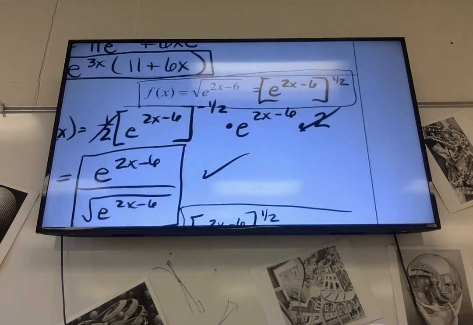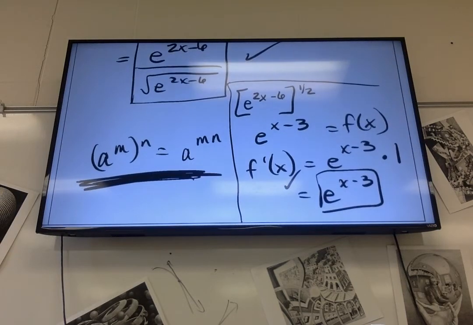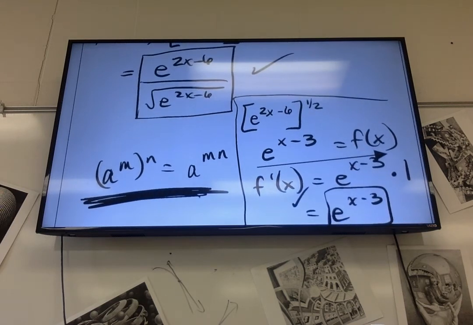What I'm saying is, if at the beginning, when we rewrote it like this, we simplified it to this, then the derivative would have been easier to take. We wouldn't have to do the chain rule, because there's no 1/2 on the outside. But again, this is not wrong.